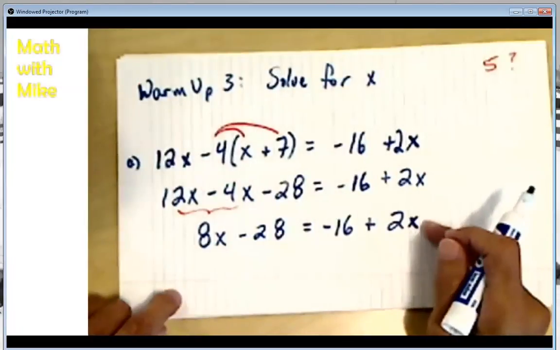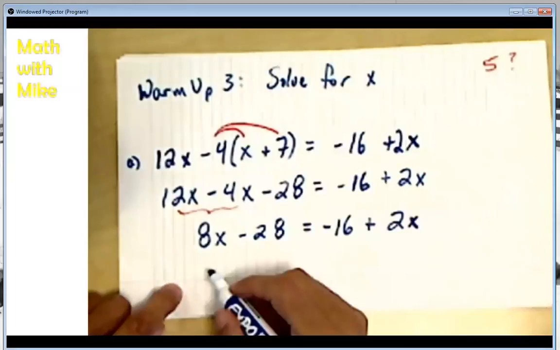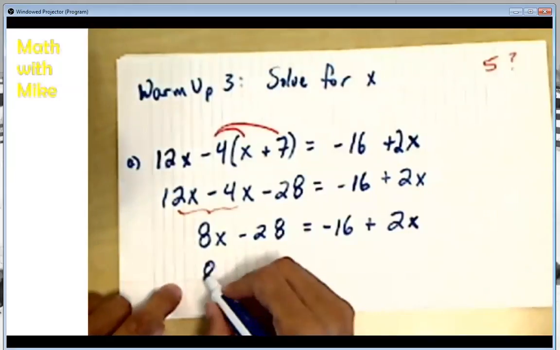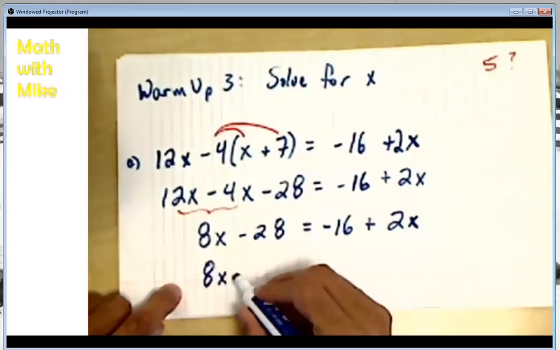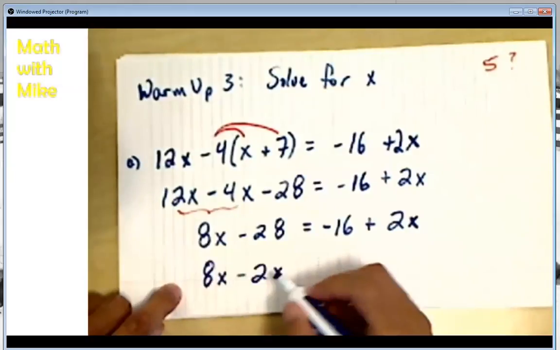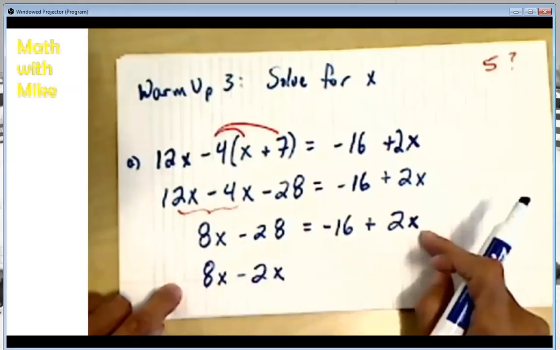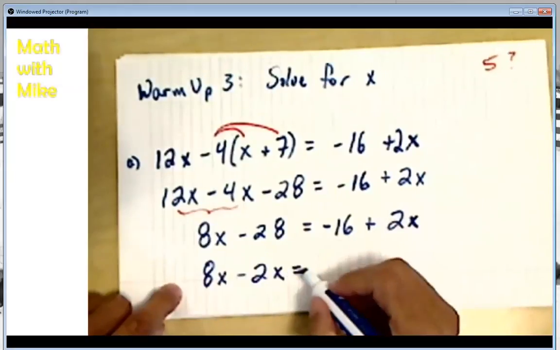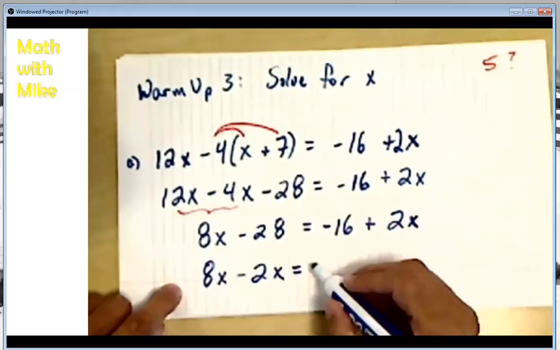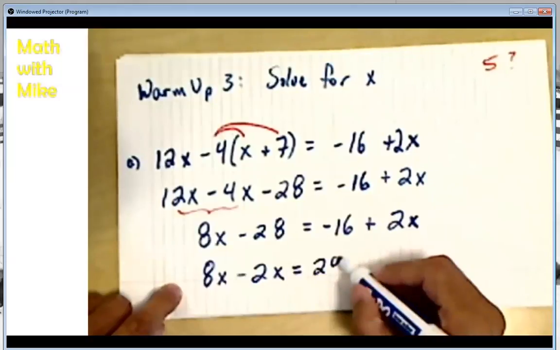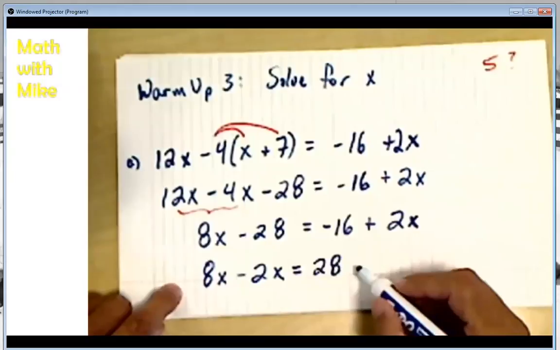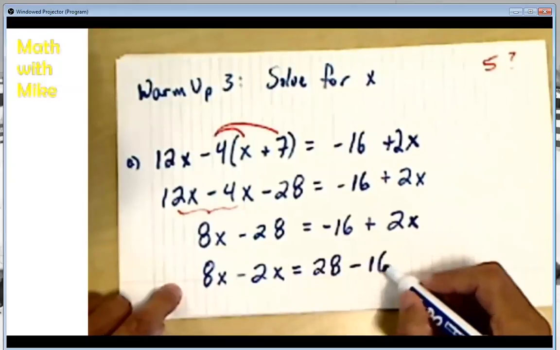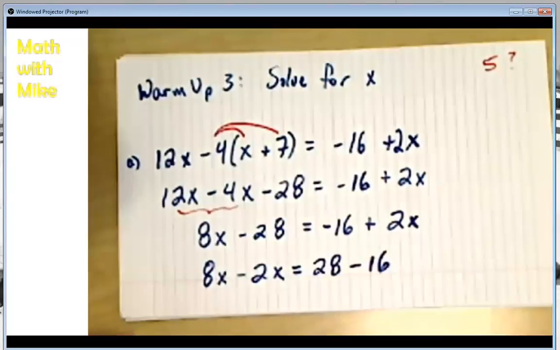So what's going to happen when we move it? 8x is going to stay, but it'll be minus 2x now because it goes to the other side. So 28 to the other side. That's now plus 28, and subtract 16. Just like that.